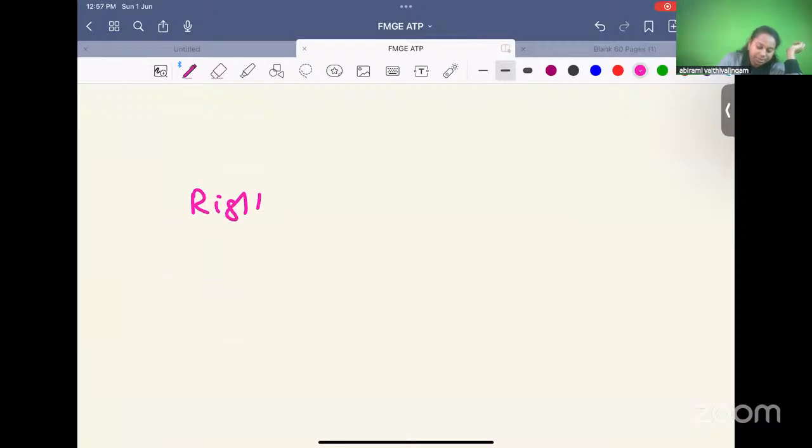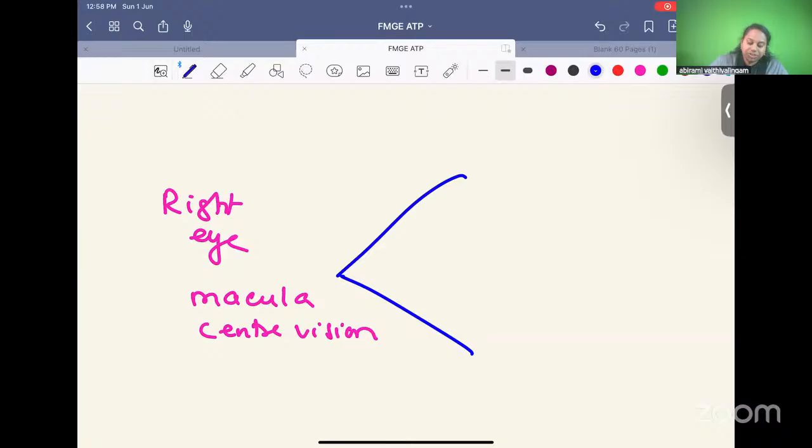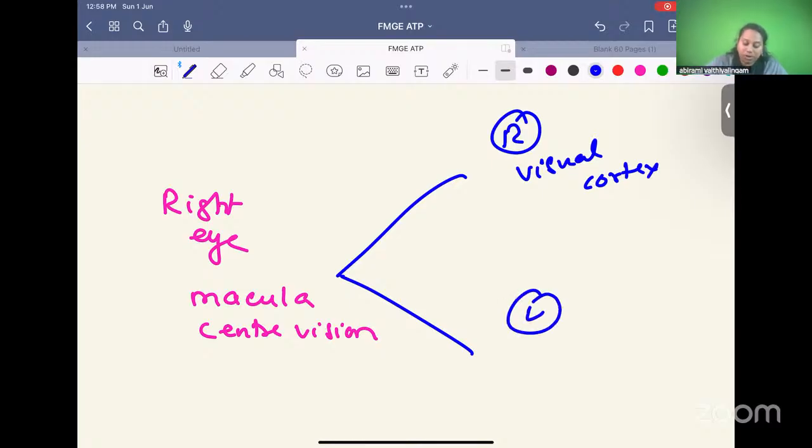So this is the right eye. This is the macula. Macula is responsible for center vision. So if I'm looking at this classroom, all students sitting in the center will fall on my macula. But the right eye's macula will have a representation on the right side visual cortex, and also it is represented on the left side visual cortex.